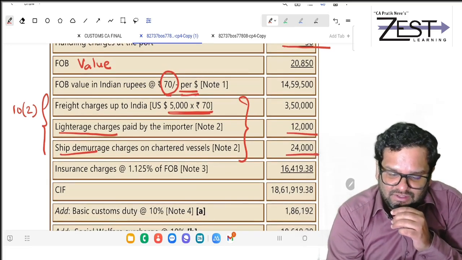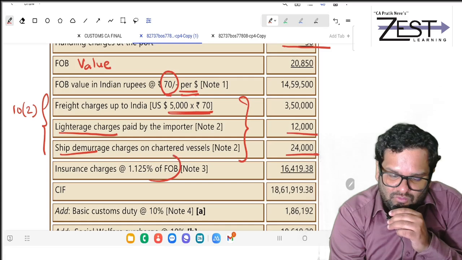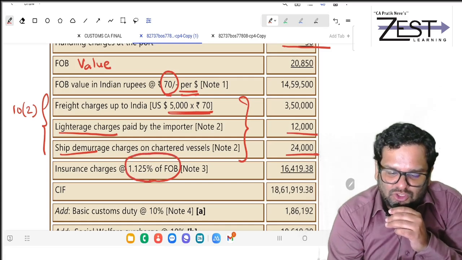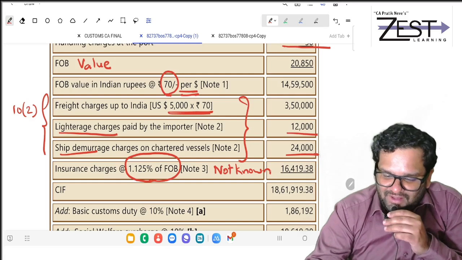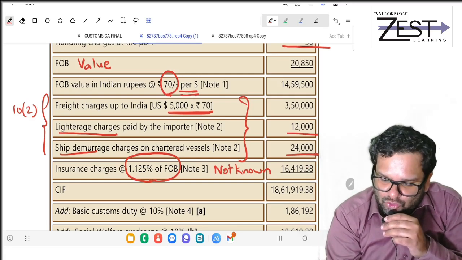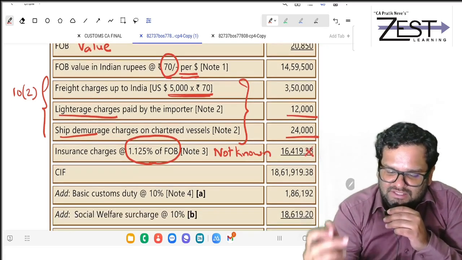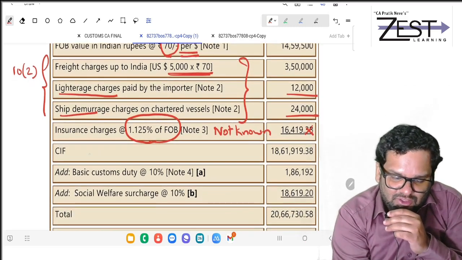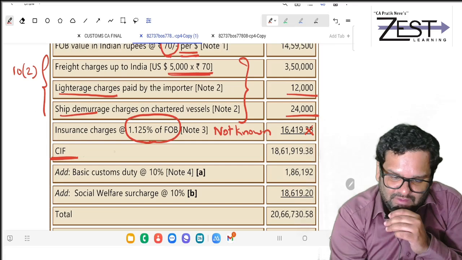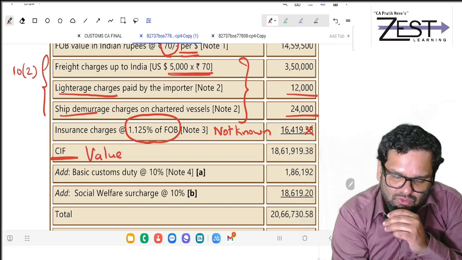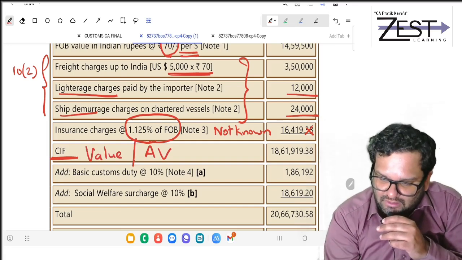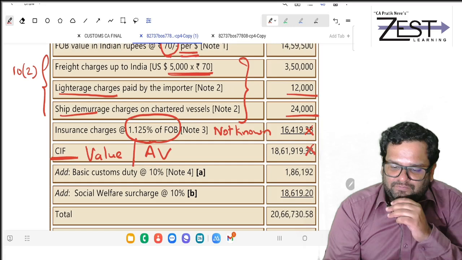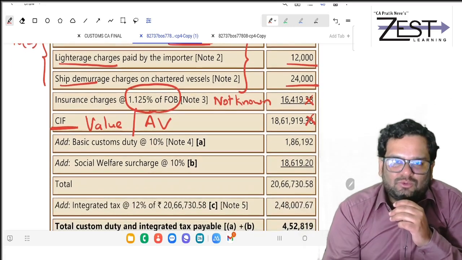And friends, insurance 1.125% of FOB, because you're assuming that it was not known. So it's okay even if you don't do it in decimals, that's fine. Then you will get CIF. CIF value itself is assessable value. So check, that should be the amount that you will get.